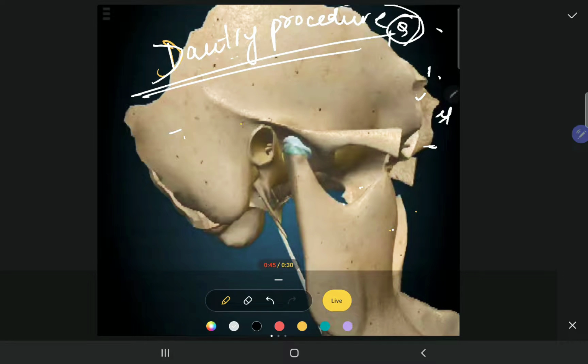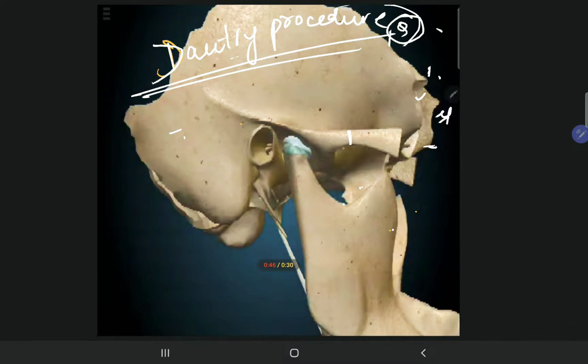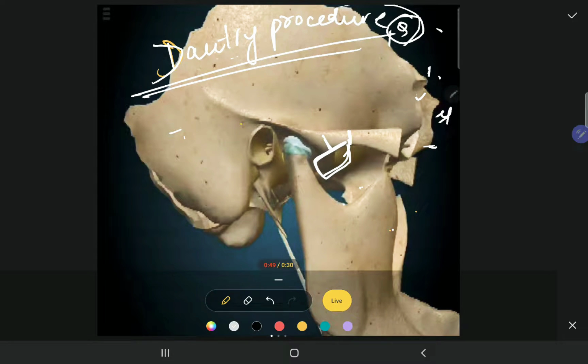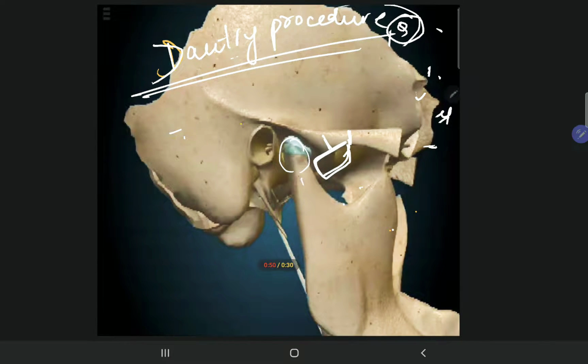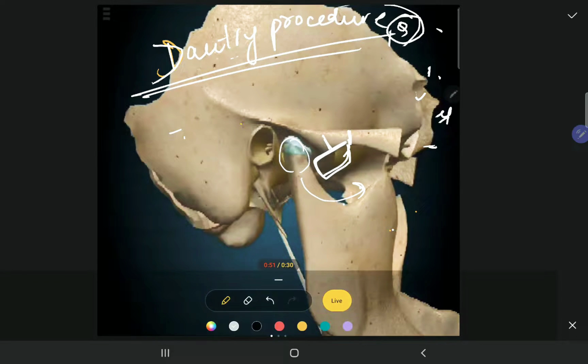So, what we do is, this is the zygomatic arch. We fracture the zygomatic arch and suspend it like this, so that this condyle head does not pass this articular eminence. So, we are displacing the zygomatic arch inferiorly. That is a Daughtery procedure.